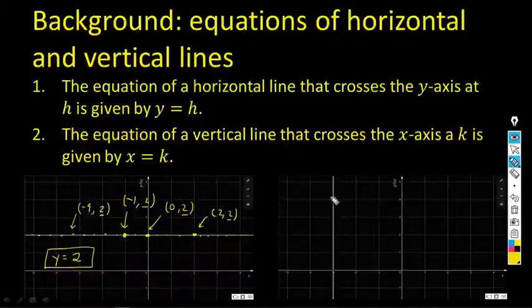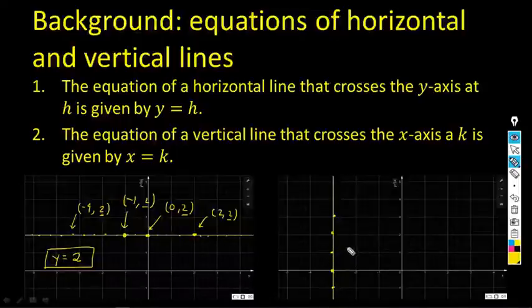The same with a vertical line. Look at this vertical line. We have the Cartesian plane, and this vertical line crosses the x-axis at minus 3. So all the points that form this vertical line, this point and this point and this point, etc., all of them have a common feature, and that is that their x coordinates are always minus 3.